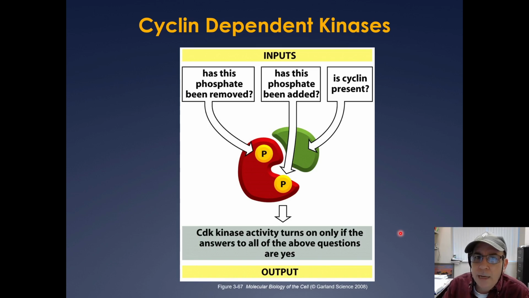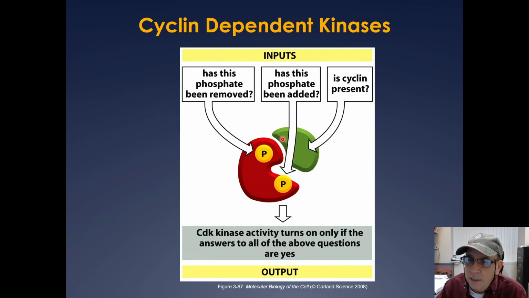And here's sort of how the phosphates can work on different proteins and how phosphorylation can change things. This happens to be an example of cyclin-dependent kinases. We'll cover this when we cover the cell cycle, but the idea is you'll get basically cellular inputs, right? And this can then ask a question: has this phosphate here been removed? Has this phosphate been added? And is cyclin present?